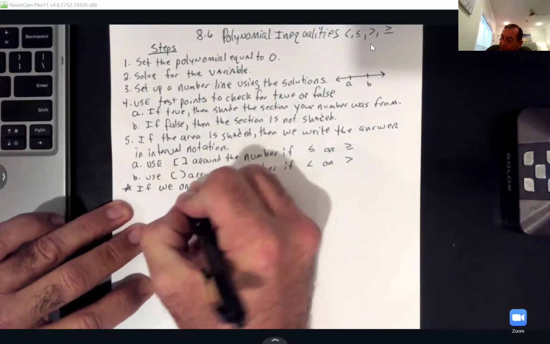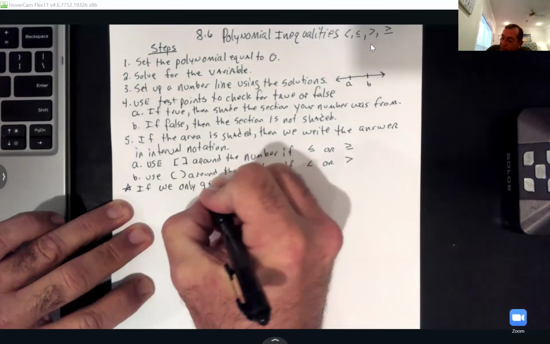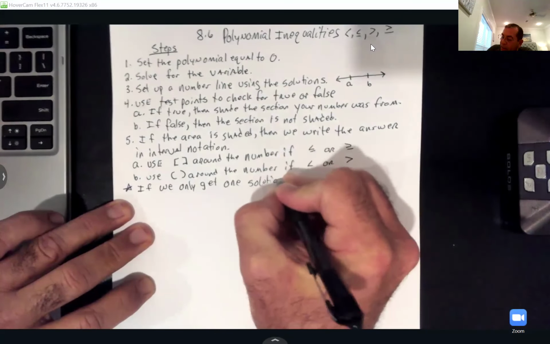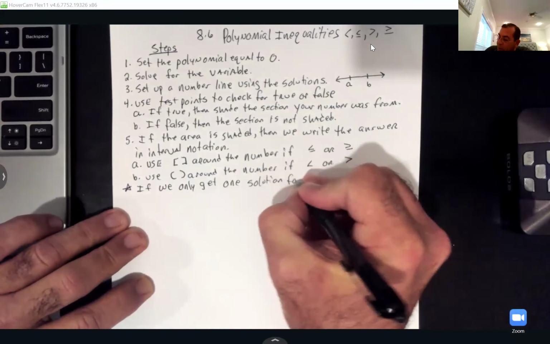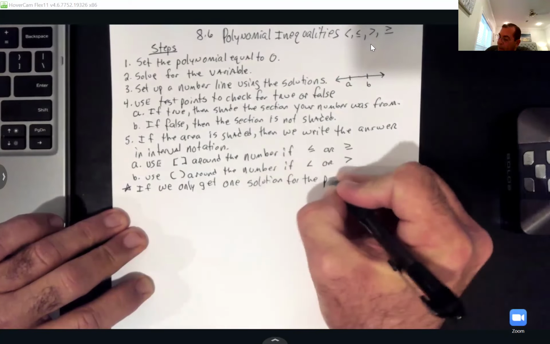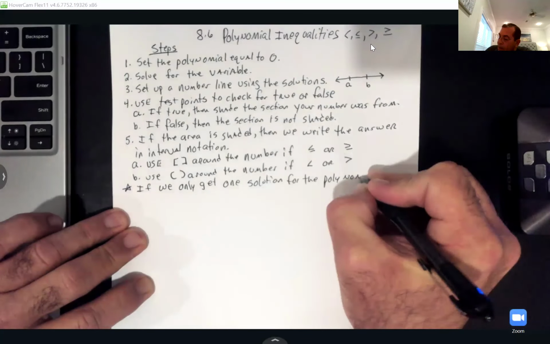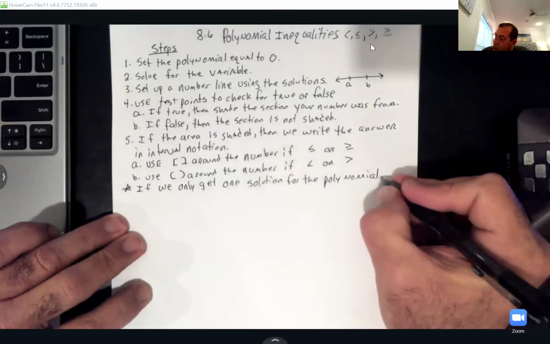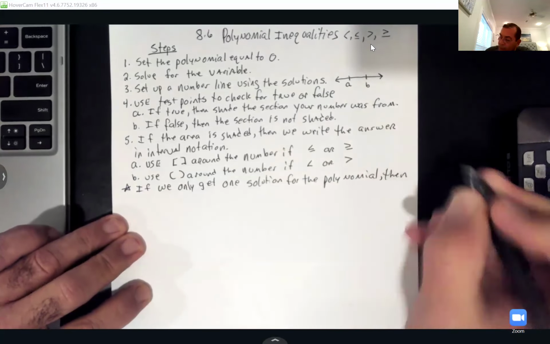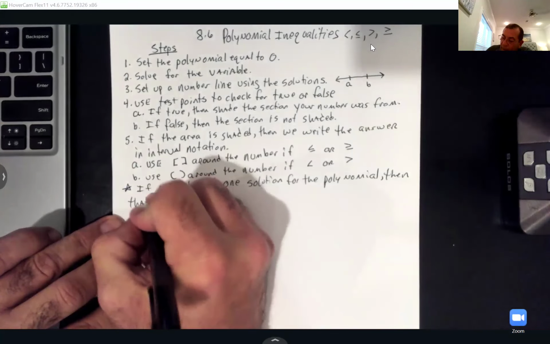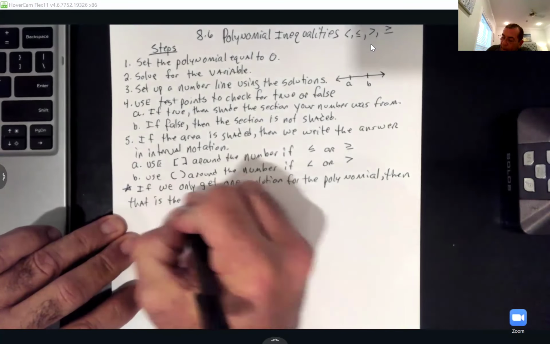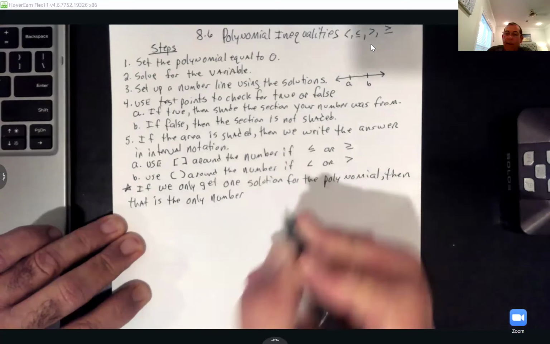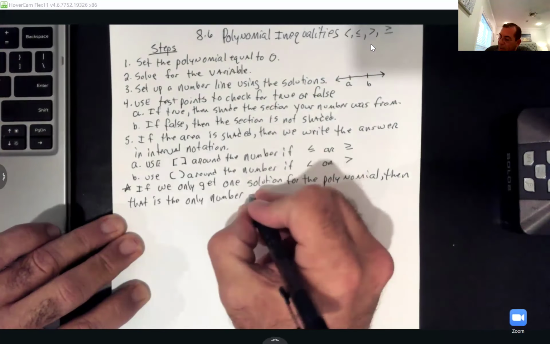If we only get one solution for the polynomial, then that is the only number excluded from the domain.